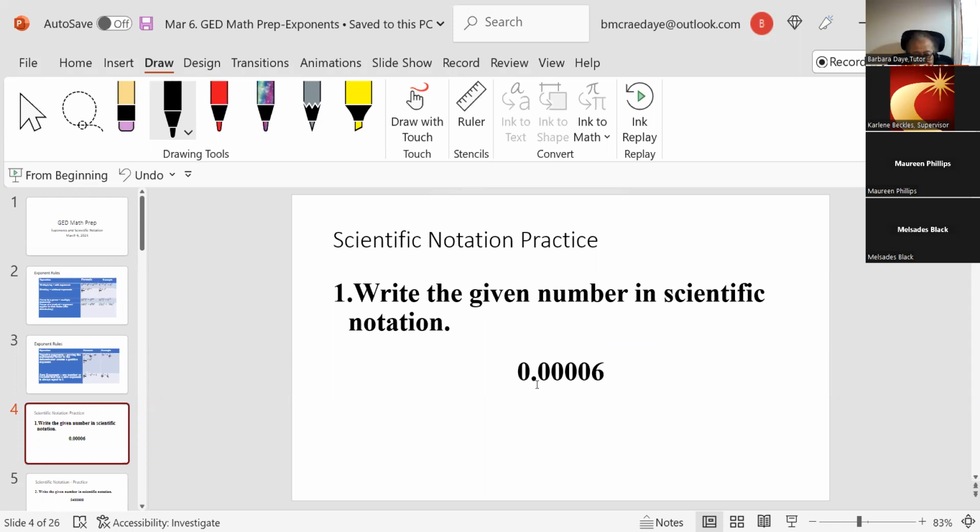Between the 0 and the 6? No. Remember that base, it's got to be 1 or greater. So that would be 0.6, which is no good. Let me give you another chance. Where would we move the decimal point? Behind the first 0? No, then you get 0.006.